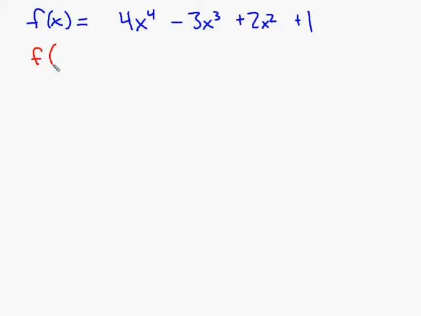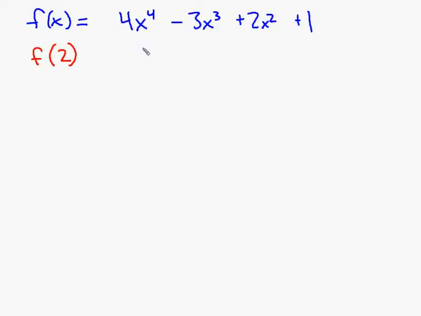Let's do another example. Let's say f of x equals 4x to the 4th minus 3x cubed plus 2x squared plus 1. And I want to find f of 2. I'm going to use synthetic division.